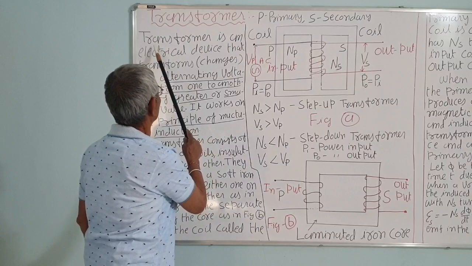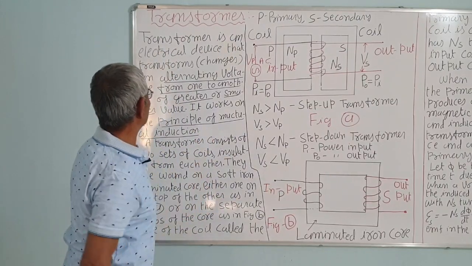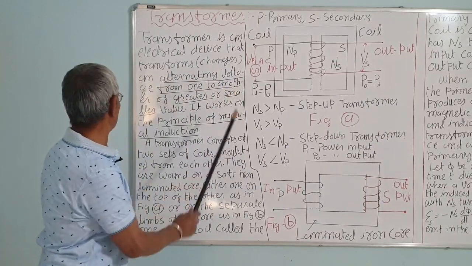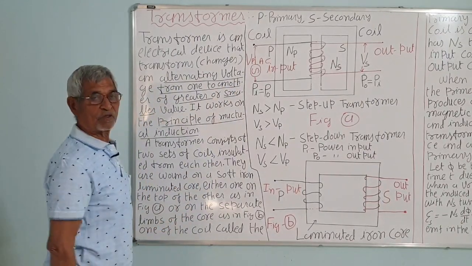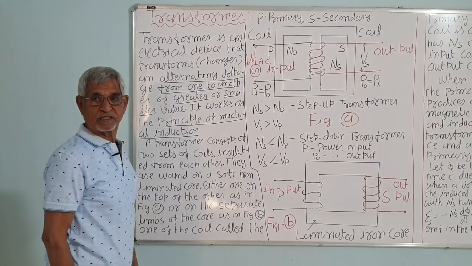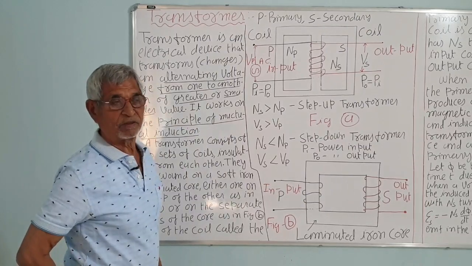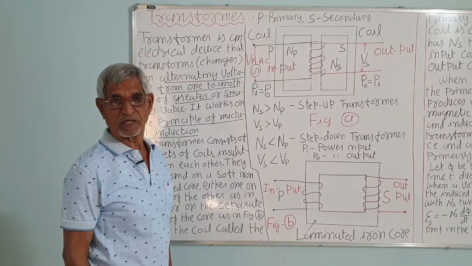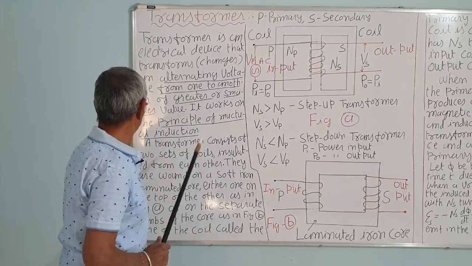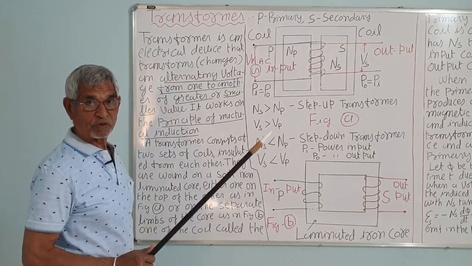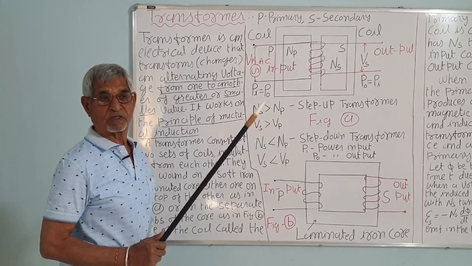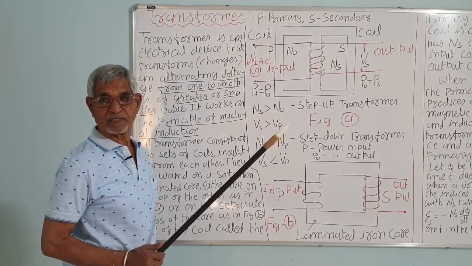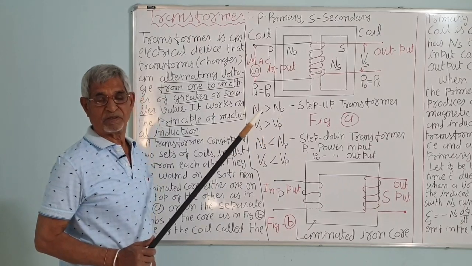Transformer. A transformer is an electrical device that transfers or changes an alternating voltage from one value to another of greater or smaller value. That is, it transfers power at high voltage and low current into low voltage and high current, and vice versa. If the input voltage is more and the current is less, then the output voltage will be less and the current will be more.